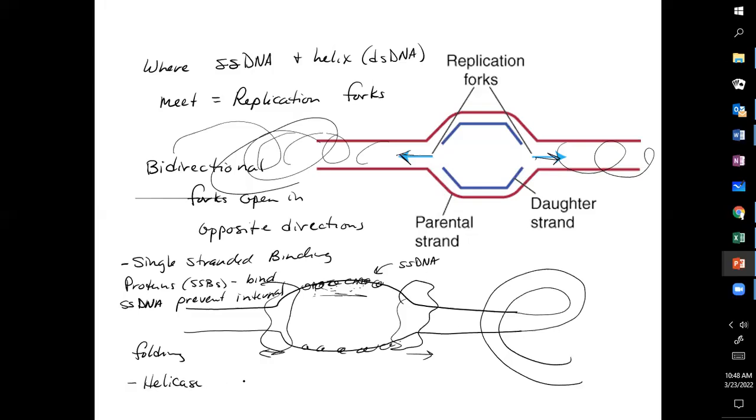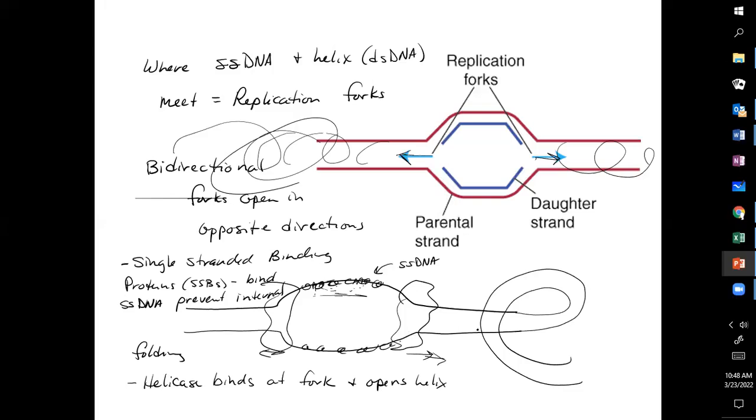Helicase is an enzyme that binds to the fork and opens the helix, separates the strands of the helix. So the initial ones that pop it open are the origination factors, but then helicase binds to the forks and continues to open it as the synthesis process occurs.